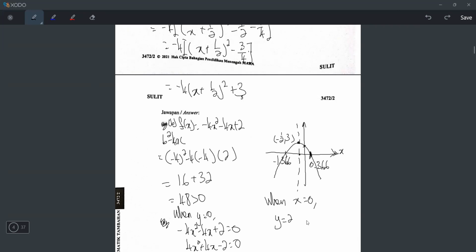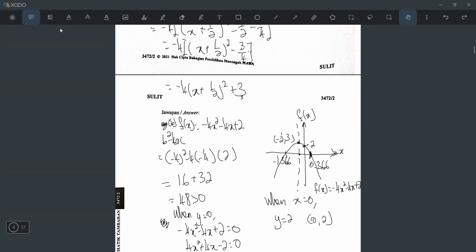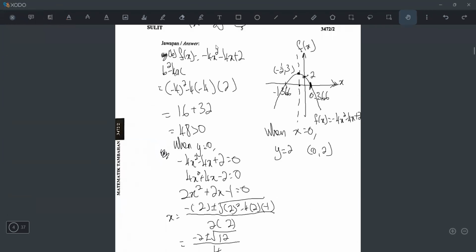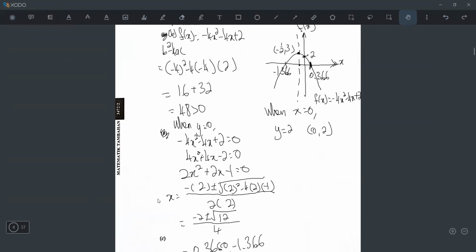Or you can also say y equals to 2. So 0, 2. So this is 2. And I'm done, right? So this one you write fx, and write the equation fx equals to -4x squared minus 4x plus 2. So this is the answer, right? They ask you to sketch, right? Yeah, that's the answer. Okay. Remember, this is always the step for sketching.